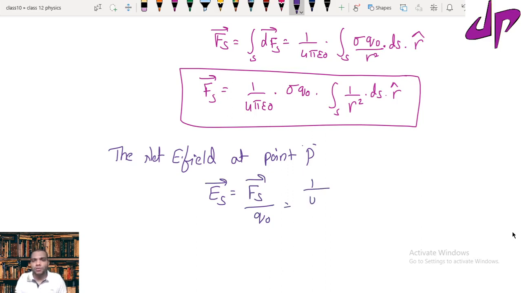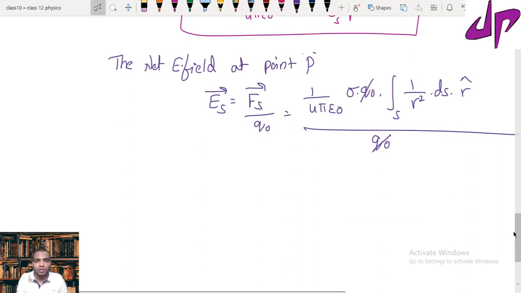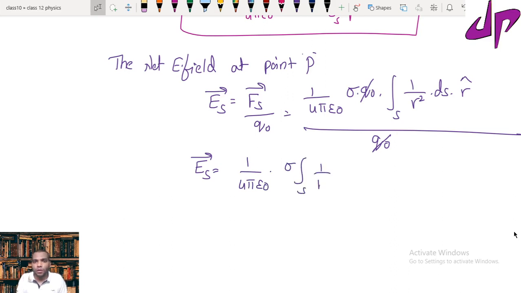In the above expression, 1 over 4 pi epsilon naught sigma times q naught times the surface integral of 1 over r square ds r cap, upon q naught. So q naught cancels. The electric field expression due to the surface, E_s, equals 1 over 4 pi epsilon naught times sigma times the surface integral of 1 over r square ds times r cap.